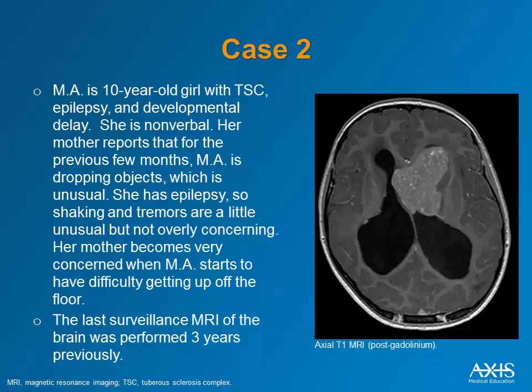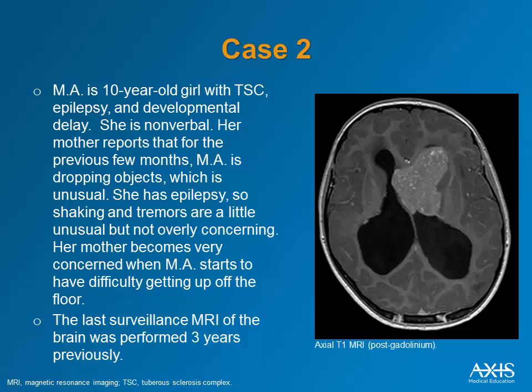She has significant developmental delays and epilepsy, and is nonverbal. Her mother reported for several months that she started dropping objects, which was unusual for her. Even though she was nonverbal, she could do those kinds of things. And oftentimes it's a parent that picks up on these subtleties before a clinician does.